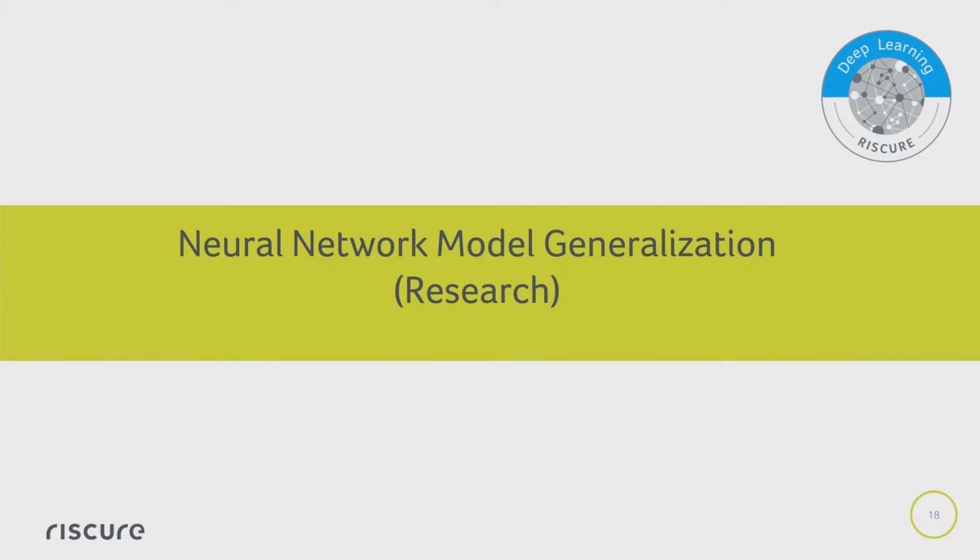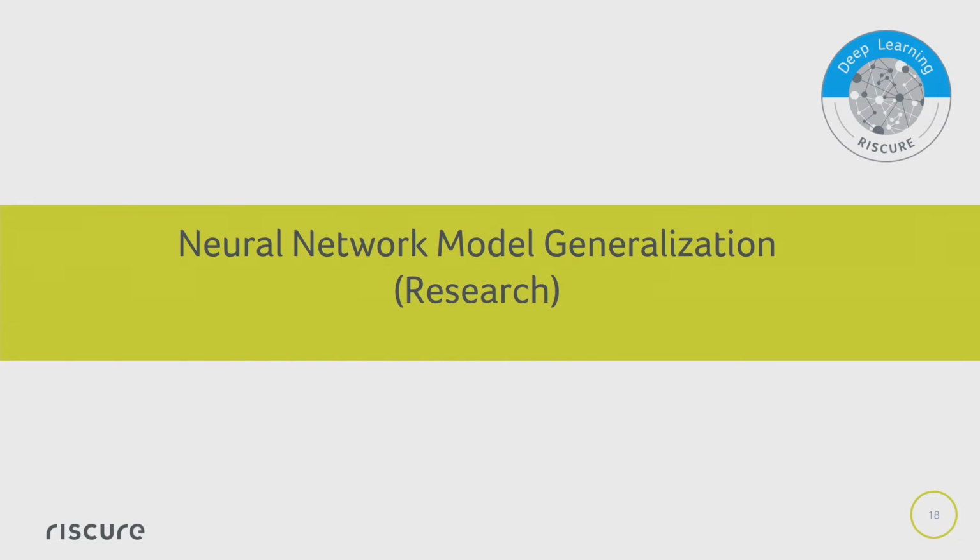Okay, what I will present now is not so long, just some results based on some recent research we have done, to analyze the generalization of the network. When you train a network, you want it to classify data that it never saw before. So how do you analyze this capability?